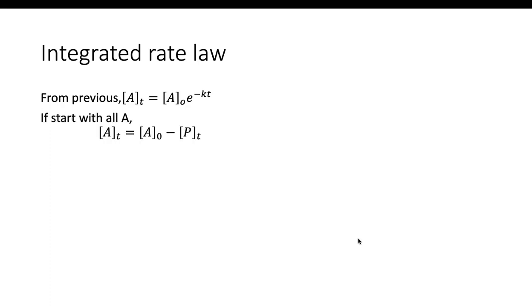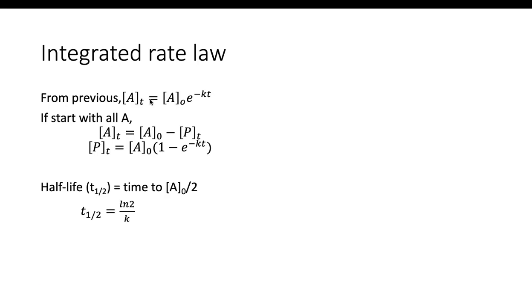So if we started with only A and had none of the product to start with, then everything must sum to the original concentration of A. So we know that this is the case, and then the product concentration at any time t is just our original concentration times 1 minus an exponential decay. So we can figure out our product concentration at any time t. We can figure out our reactant concentration at any time t. So we know what everything's doing.